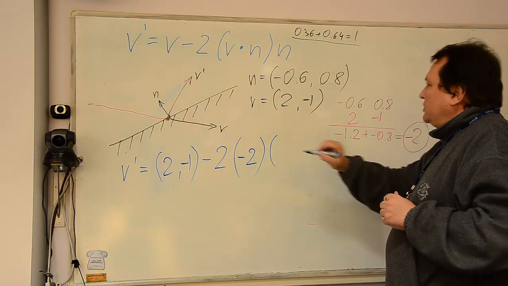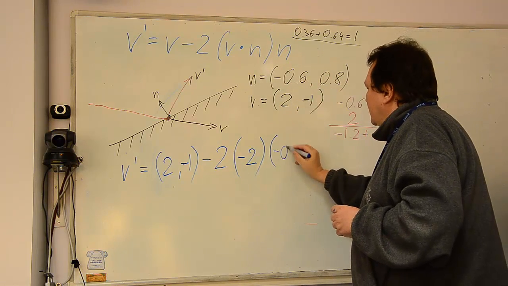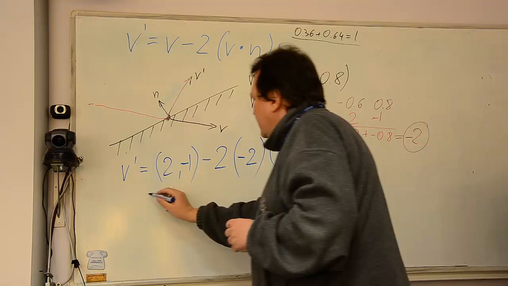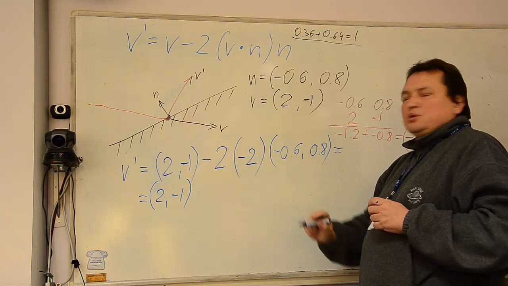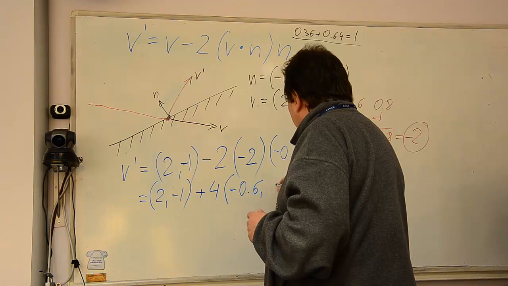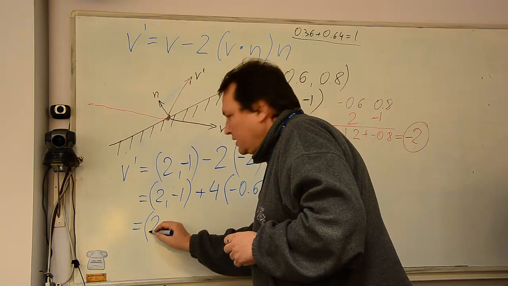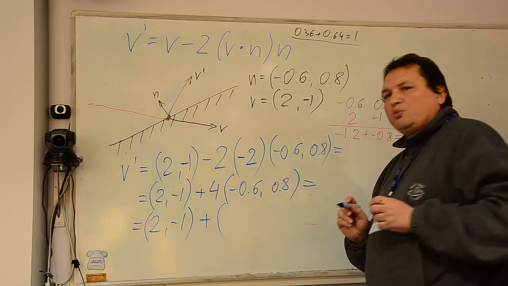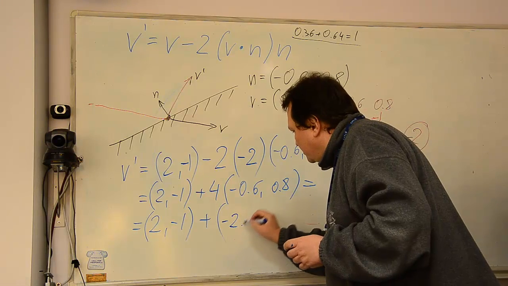And this needs to be multiplied according to the formula by the normal vector (-0.6, 0.8). This equals (2, -1), minus 2 times minus 2 is plus 4, so plus 4 times (-0.6, 0.8). And this equals, once again, (2, -1) plus 4 times minus 0.6, it's minus 2.4.